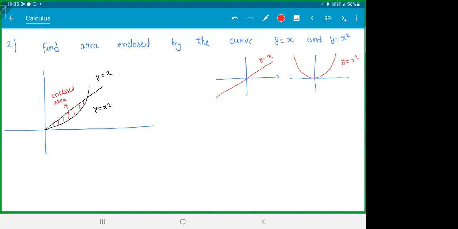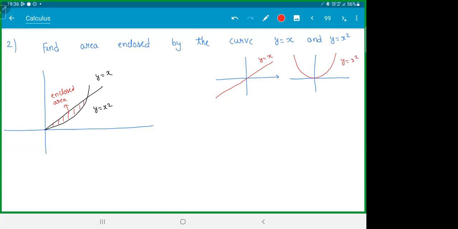I'll give you a minute or two. You have to substitute the limits there, Ronak.